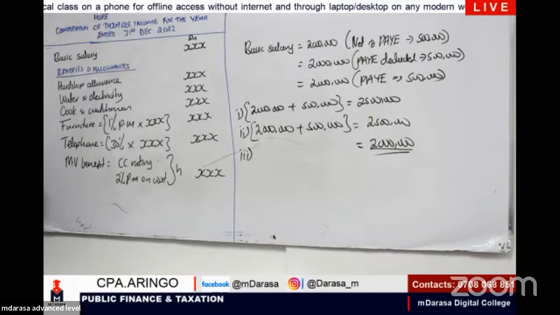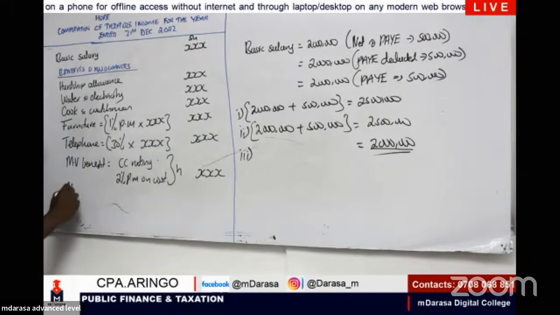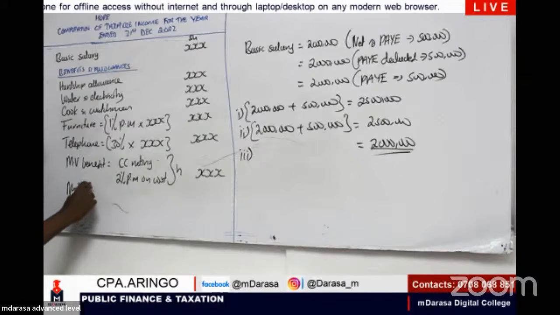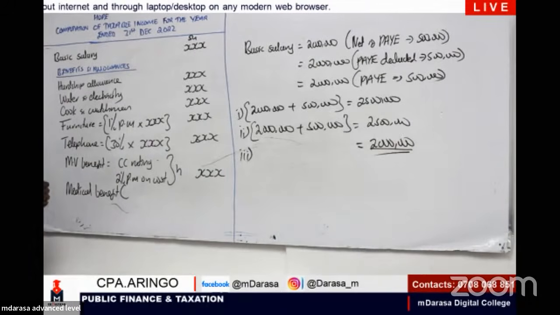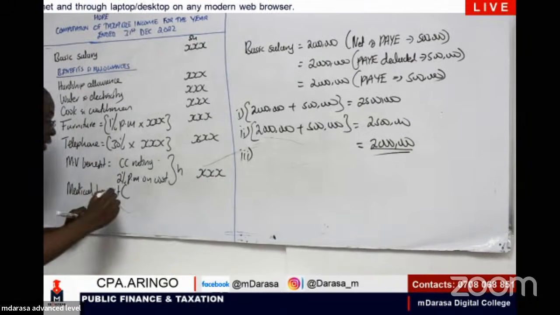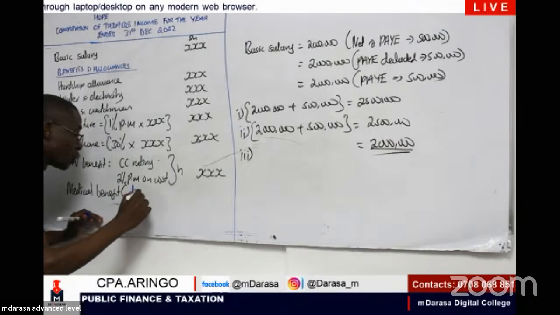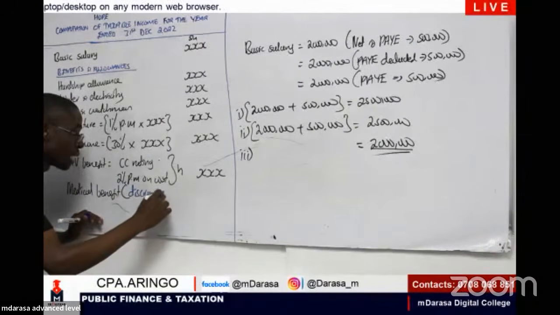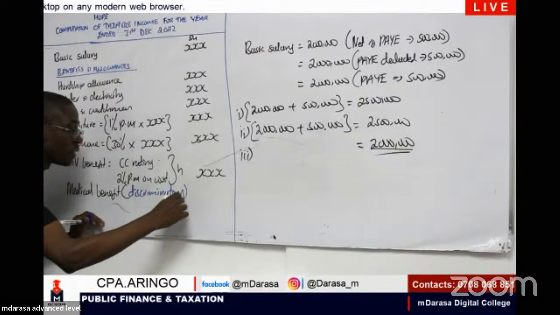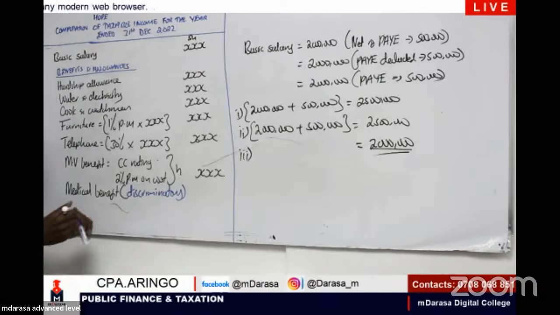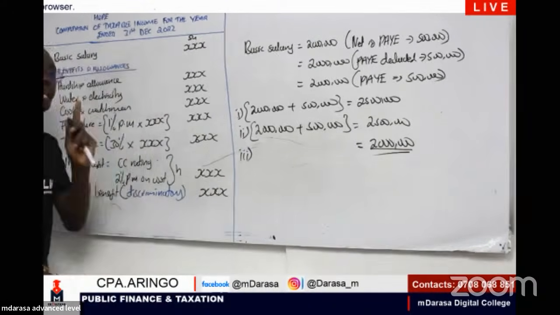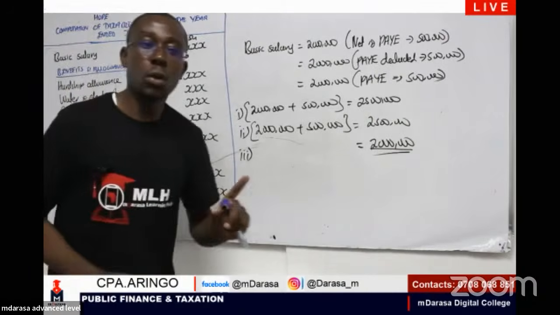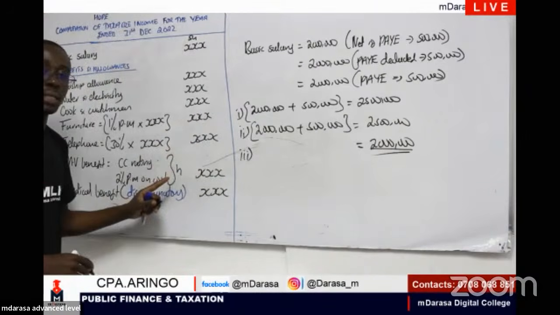For example, maybe in this case, I'm having medical benefit. The medical benefit that I'm supposed to put here is none, or rather in this case, if it is discriminatory. If it is discriminatory, I'm supposed to put it here. If it is non-discriminatory, we are not supposed to put it here.